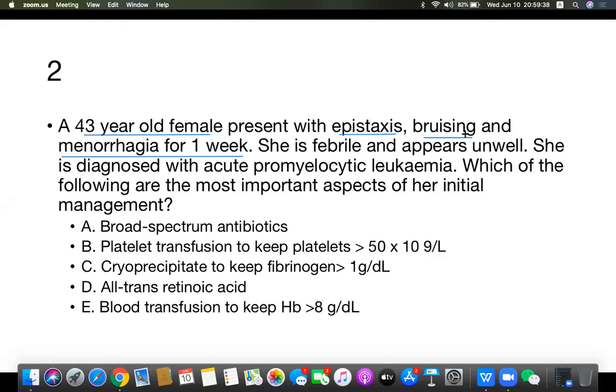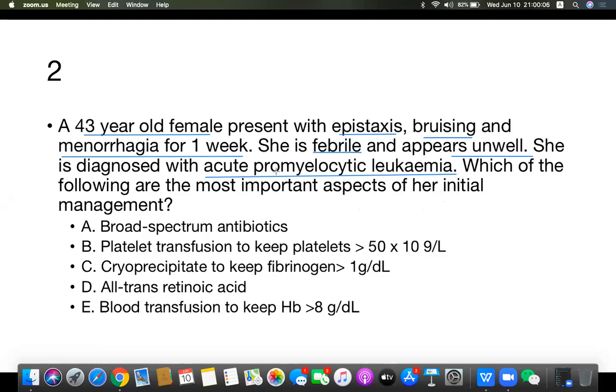Now, these are all bleeding features: epistaxis, bruising, and menorrhagia. She is febrile, so there may be a component of infection, and appears unwell. She is diagnosed with malignancy, acute promyelocytic leukemia. Now, this is M3, M3 type of AML. This is an important one. Which of the following are the most important aspects of her initial management?